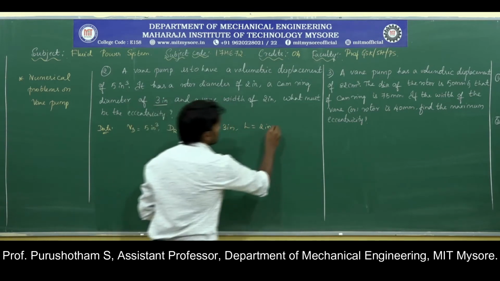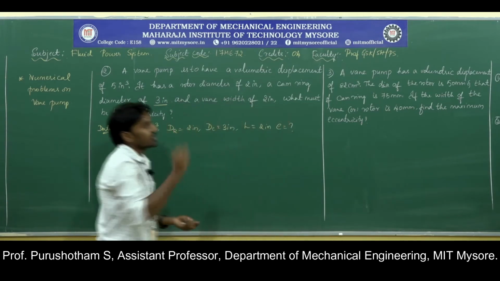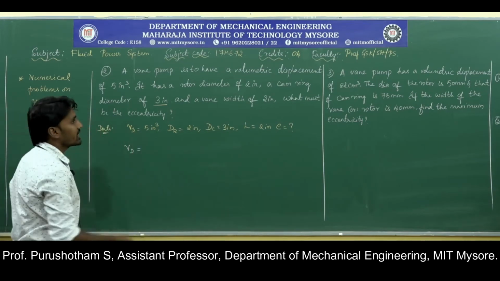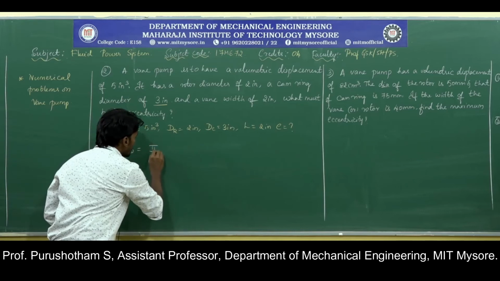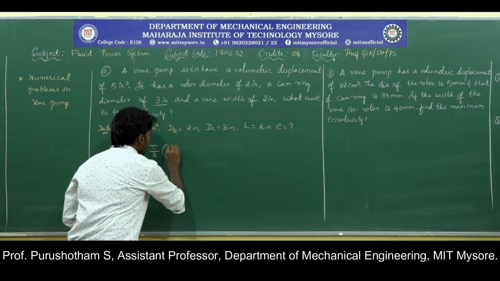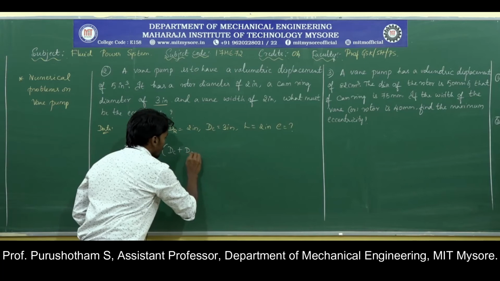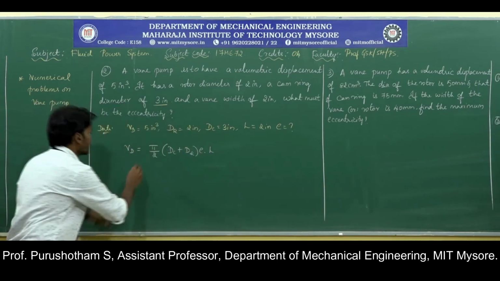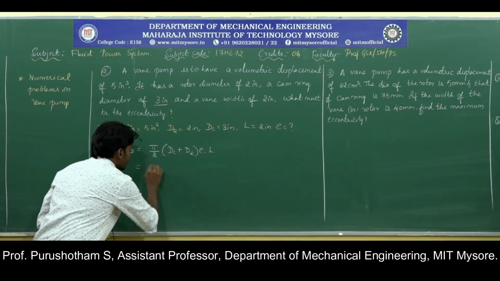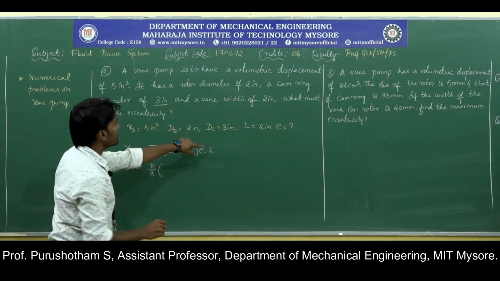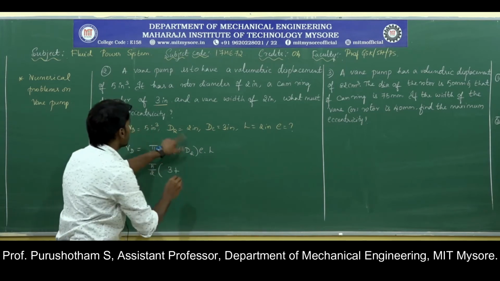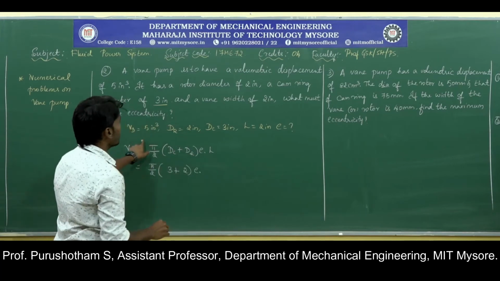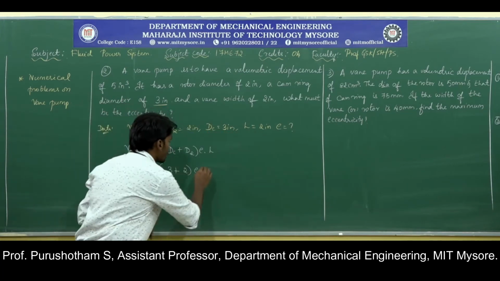Then we must find out the eccentricity. As we know, the volumetric displacement is equal to pi by 2 times (dc plus dr) into E into L. Now I will substitute the values: pi by 2 into dc is 3 inch, dr is 2 inch, eccentricity is unknown, and L, that is the width of the vane, is 2 inch.